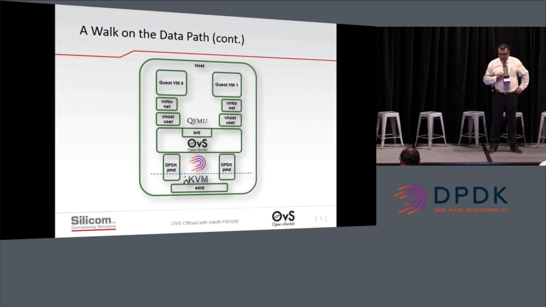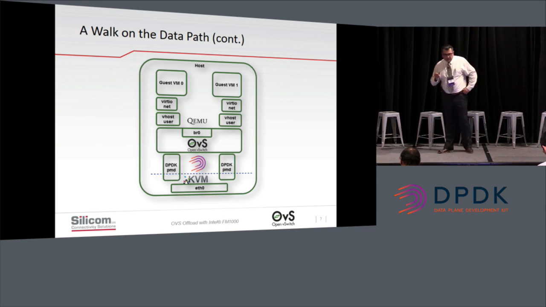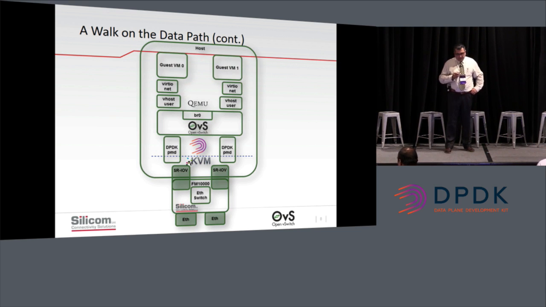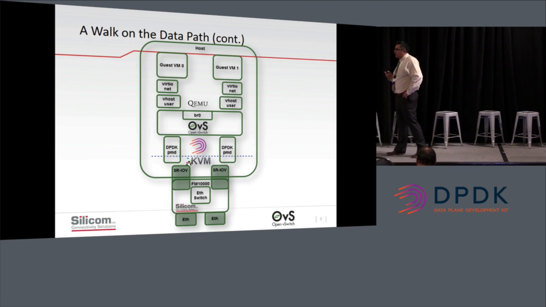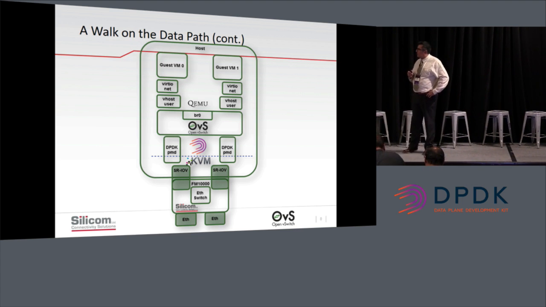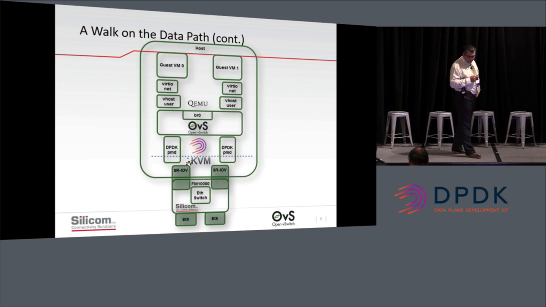So the approach that we took is we installed the FM10K based device network interface, and we created two SR-IOV channels up to the host as host interfaces.